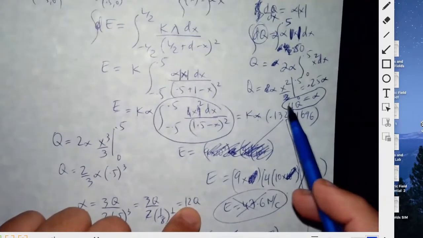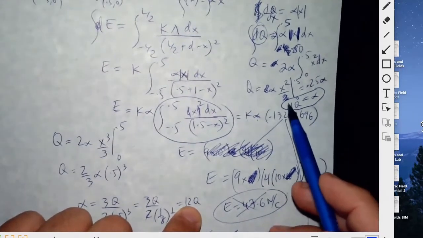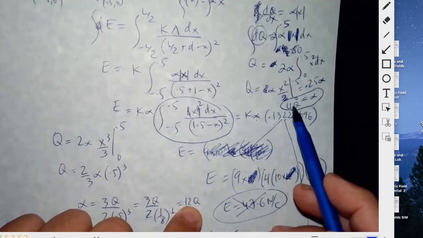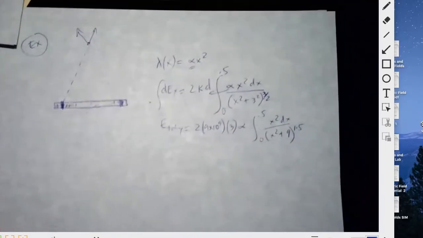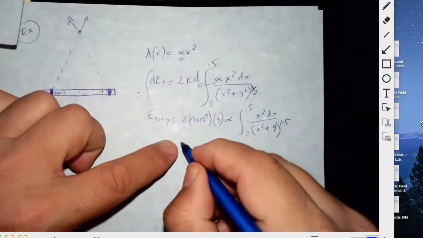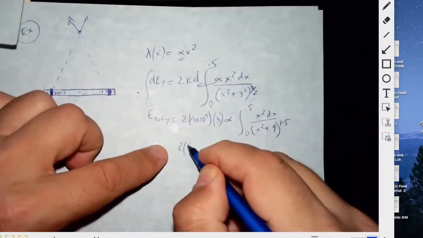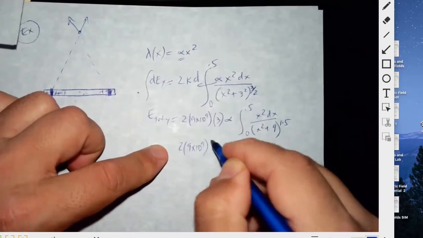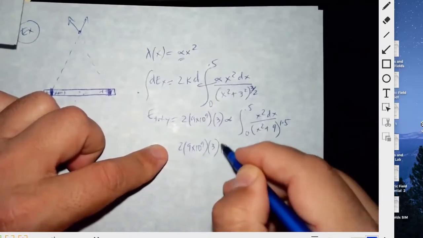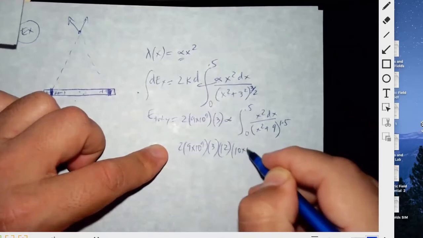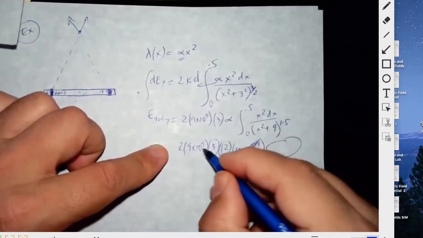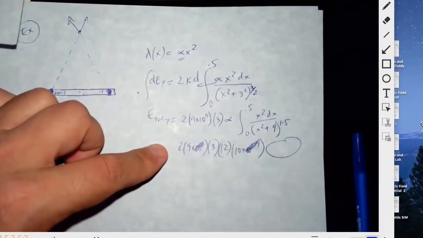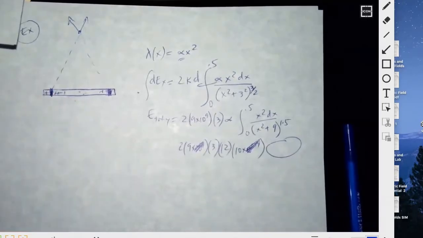If I'm going to do the linear, then it's 4Q, you see? So it'd be more, 12Q, in this case. So then I take that and put it here, 12Q. So 2 times 9 times 10 to the 9th times 3 times 12. And then the Q in my case is 10 nanocoulombs. And then whatever the integral gives me. And then the 10 to the 9th, 10 to the minus 9 cancel. Okay, let's see what that integral gives me.